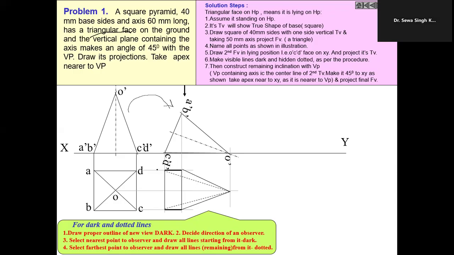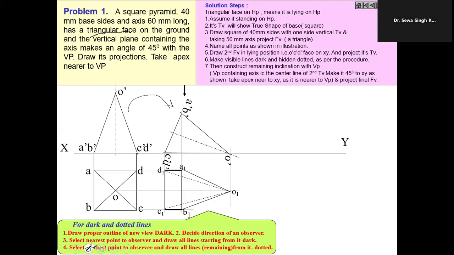Here in this case, this is A, B, C, D, and O1. You can note down these points, draw the proper outline dark, then decide the direction of the observer. Please keep these points in mind.